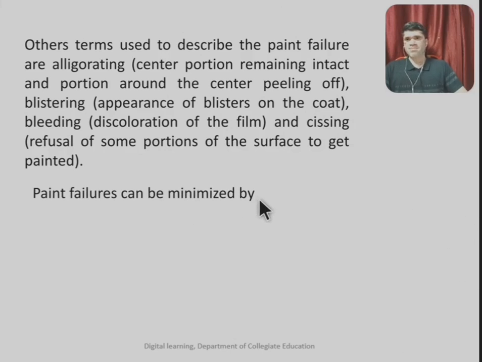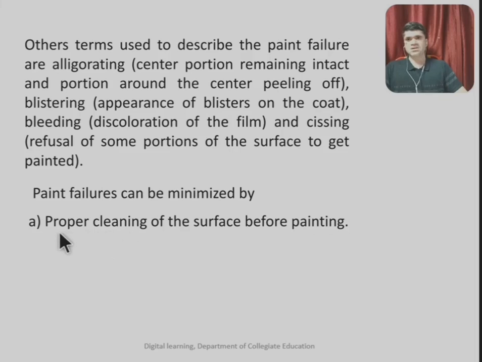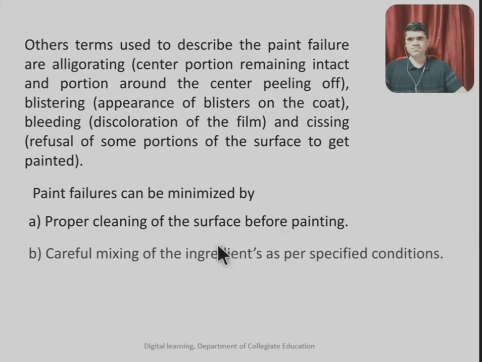Paint failure may be minimized by, how to minimize this paint failure. One is before applying paint, properly cleaning of the surface. Okay, that is what in the first session we have studied, preparing surface for preliminary treatment of surfaces.